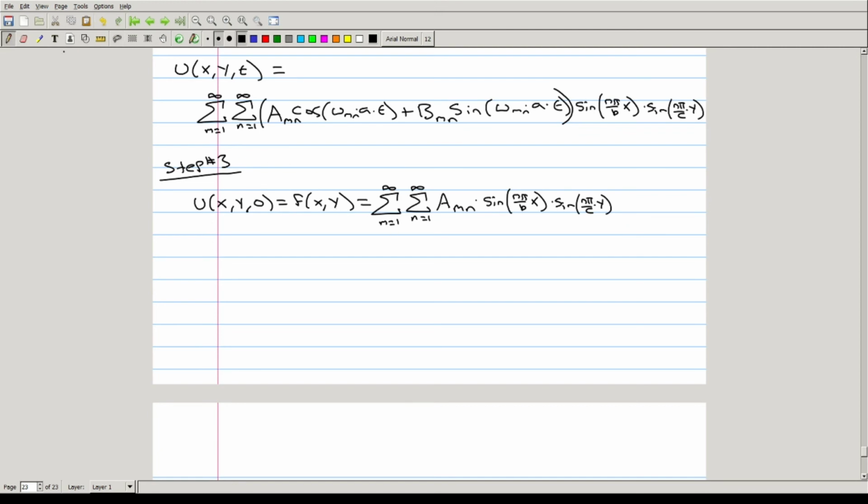And so using the process that we did in the heat equation, we get the formula that AMN is going to be equal to 4 over b times c times the double integral 0 to b, 0 to c of f of x, y sine of m pi x over b sine of n pi y over c dy dx.